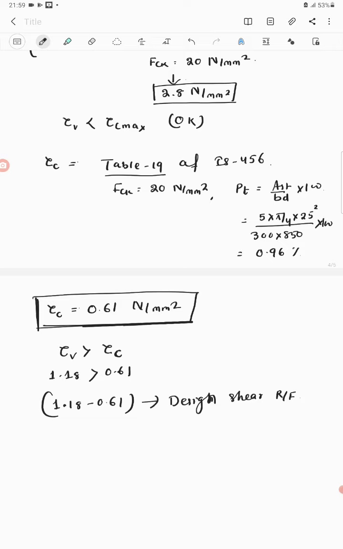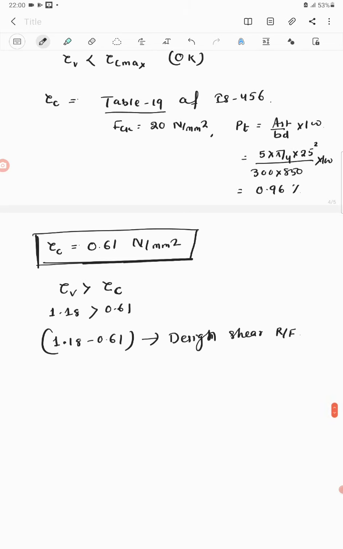Actually this is denoted as tau v minus tau c, and as per code this is denoted as Vs.